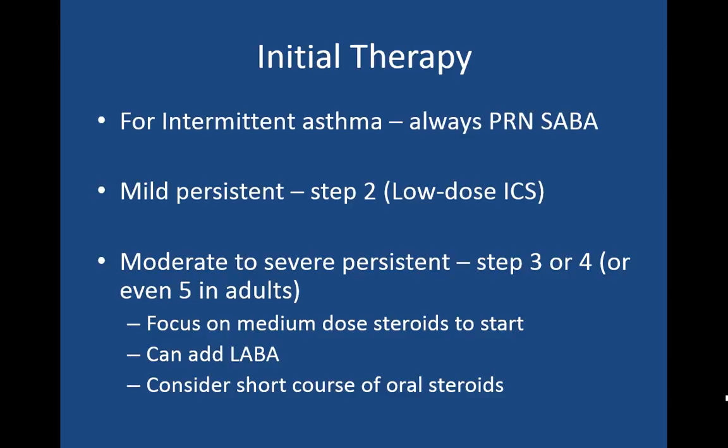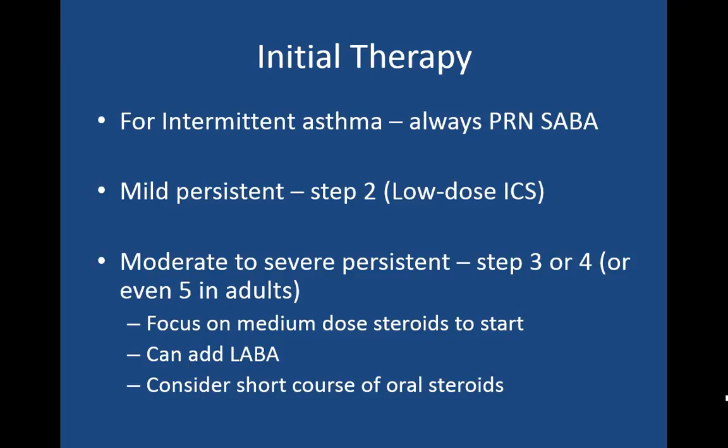And then if they have more severe persistent asthma, okay, then they're going to get either a medium-dose steroid or maybe a low-dose plus a beta agonist. So you get to pick. It's your choice what you want to do for those patients. There's lots of options, and they're all correct in their own way.